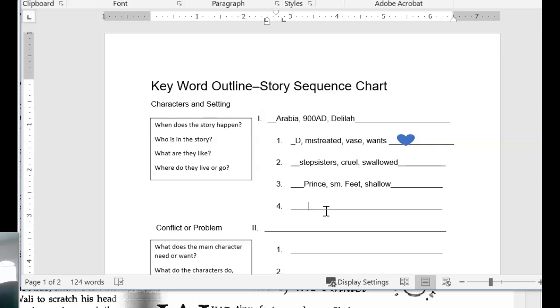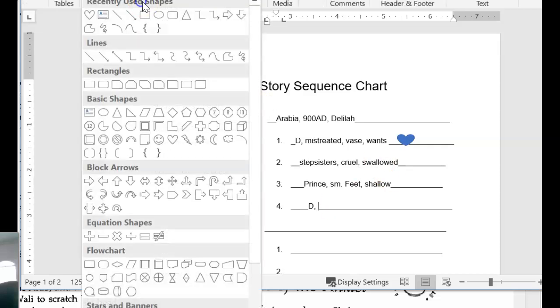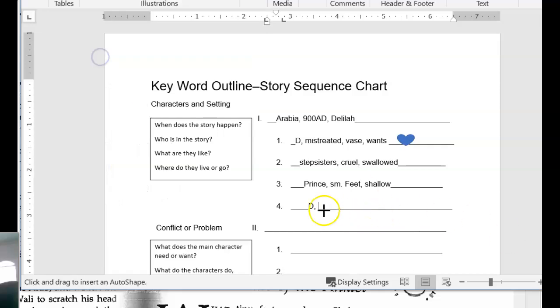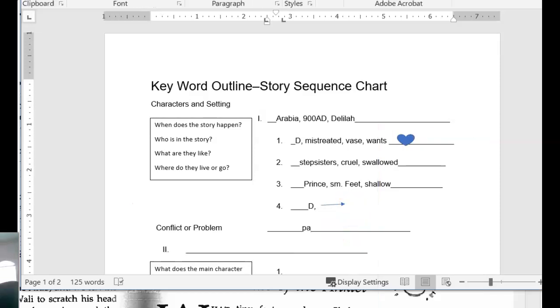So we've covered when the story happens, we've covered the major characters who are in the story, what they like, where they live or go. We could say that Delilah goes to the, we can do an arrow, she goes to the palace.